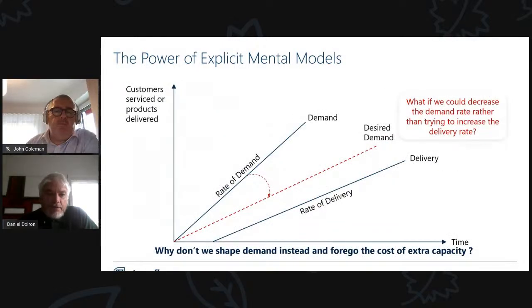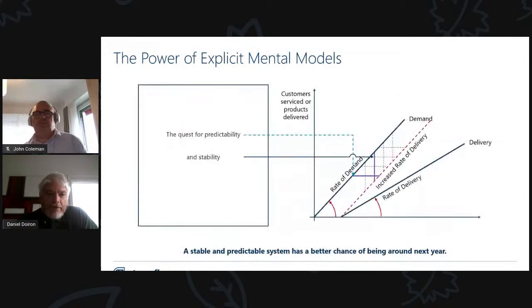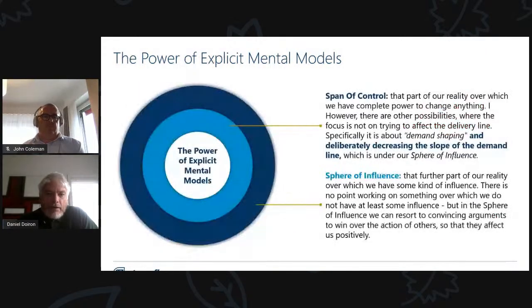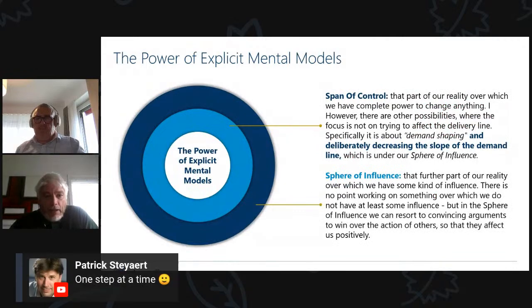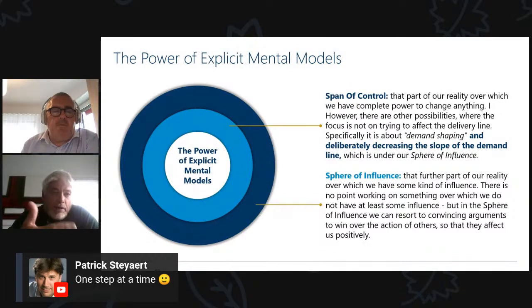We would get then the same geometry that we have here, but we'll come to that in just a little second. But shaping demand is not within our span of control. Within our span of control, that which we have control over, we're just going to go for increasing capacity. Like that's my business, and I'm going to increase capacity to meet demand.